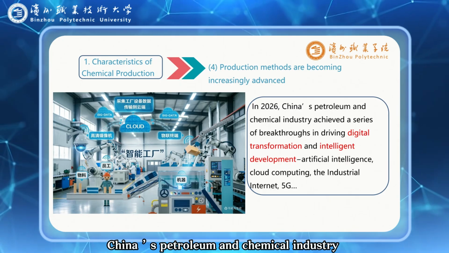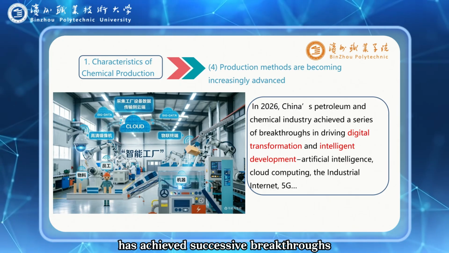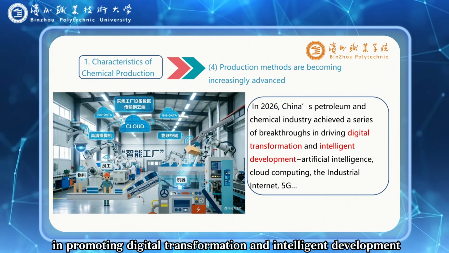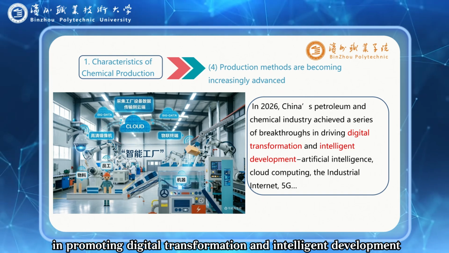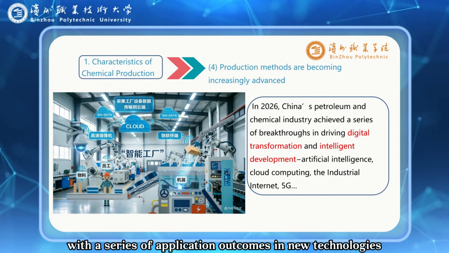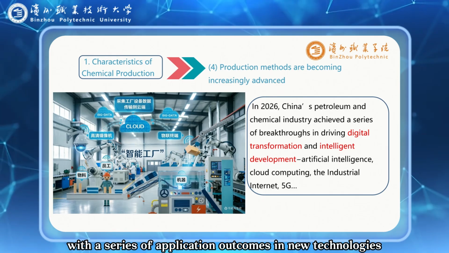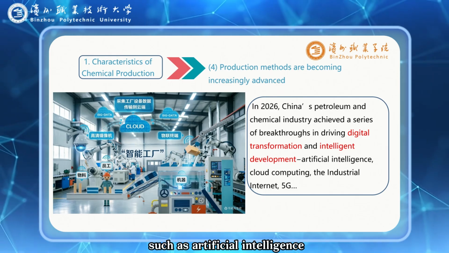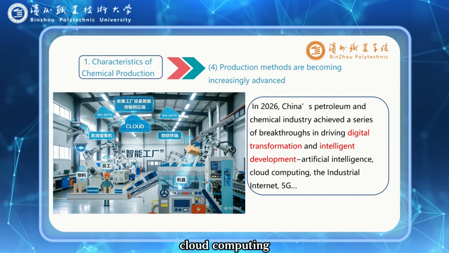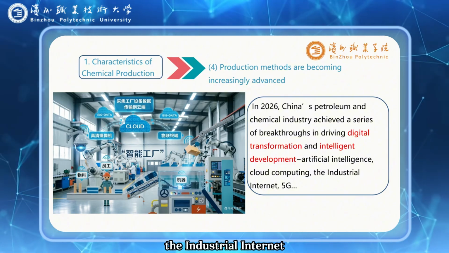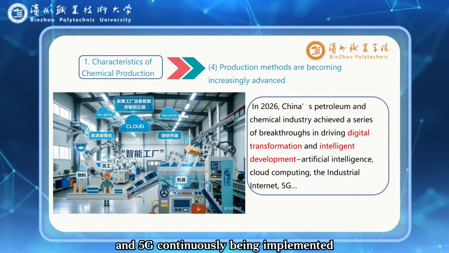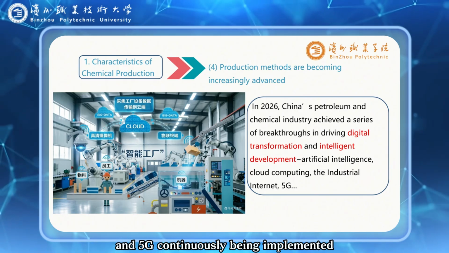China's petroleum and chemical industry has achieved successive breakthroughs in promoting digital transformation and intelligent development, with a series of application outcomes in new technologies such as artificial intelligence, cloud computing, the industrial internet, and 5G generation continuously being implemented.